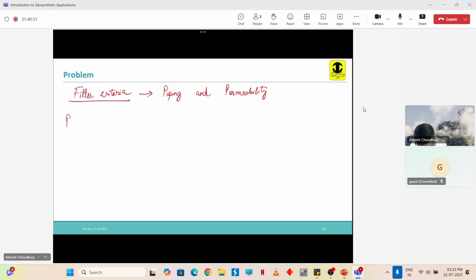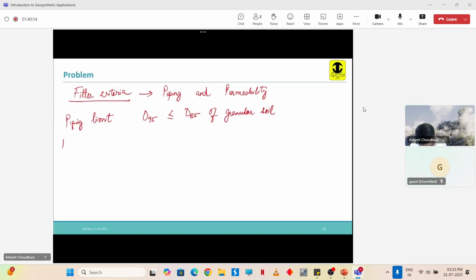Now we have the piping limit. The piping limit is O95 less than or equal to the D85 of the granular soil.